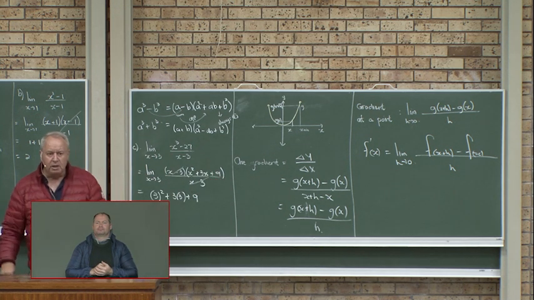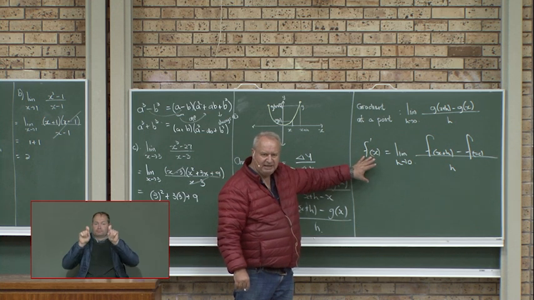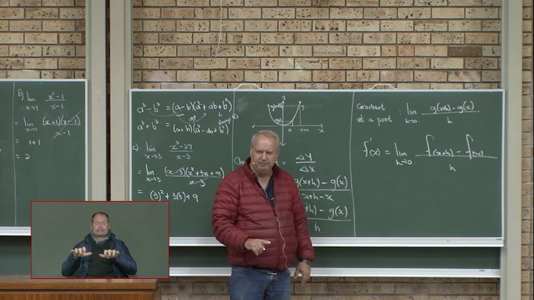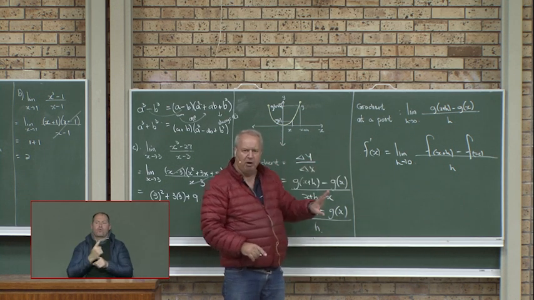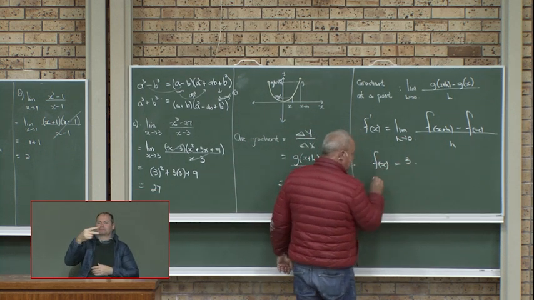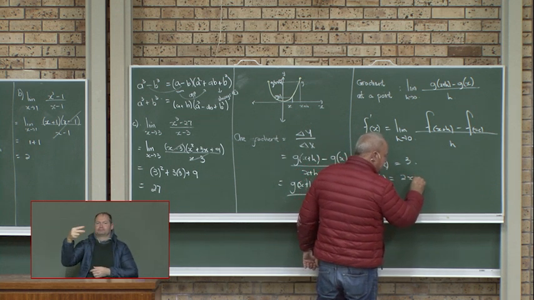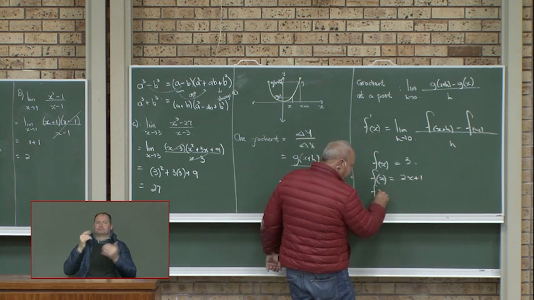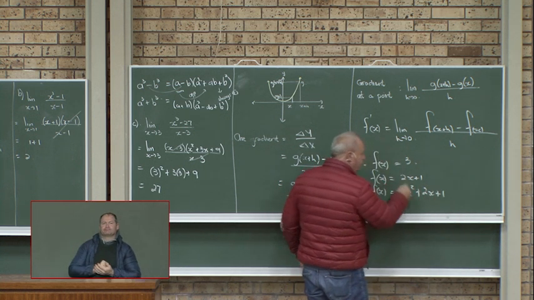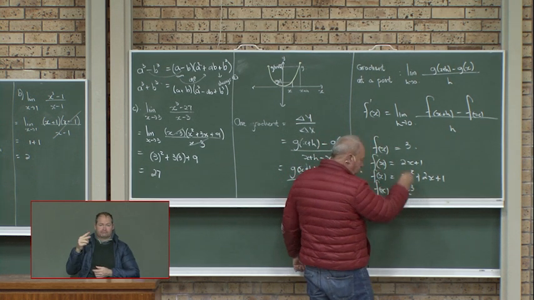Now, I am going to teach you first principles a little bit later. First principles is asked in every exam, 4 to 5 marks. First principles can be asked for the expression f(x) equal to a constant. f(x) equal to 2x plus 1, a linear function. f(x) equal to 3x squared plus 2x plus 1, a quadratic function. f(x) equal to x cubed, a cubic function.